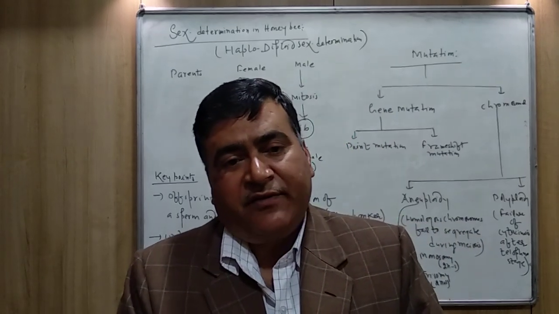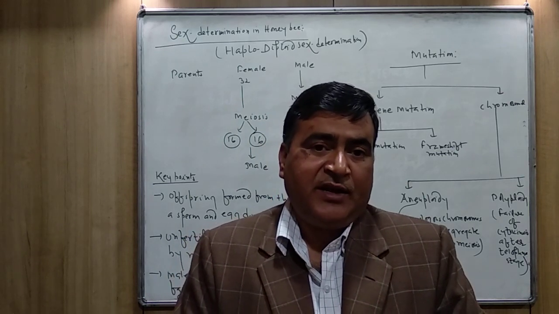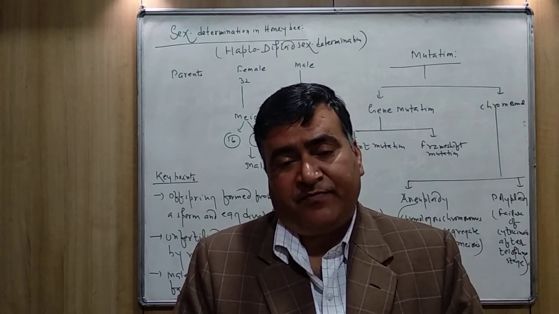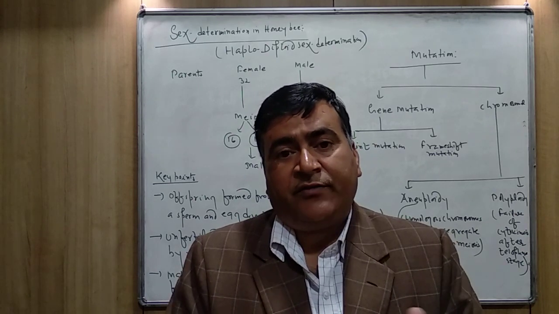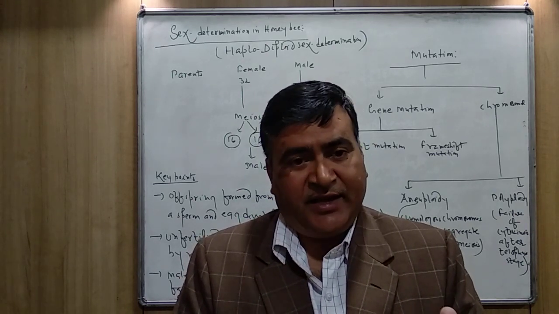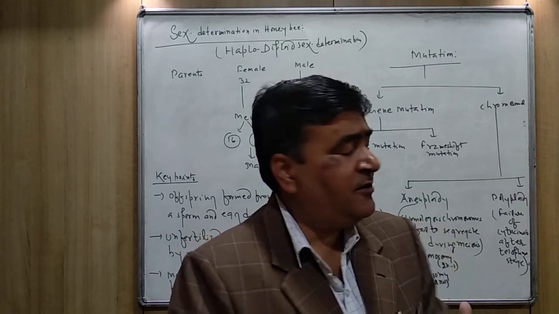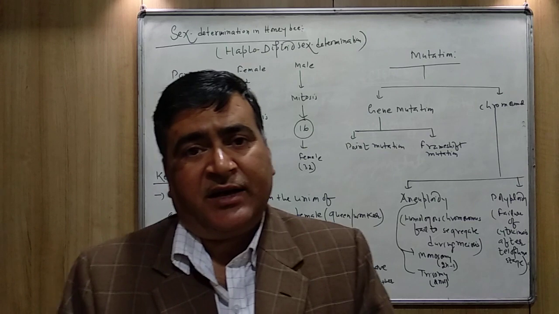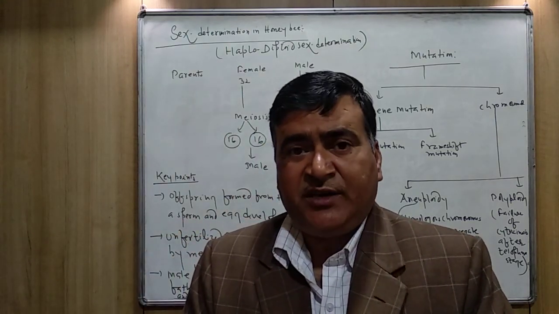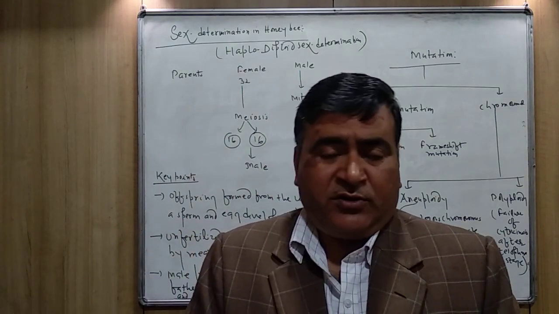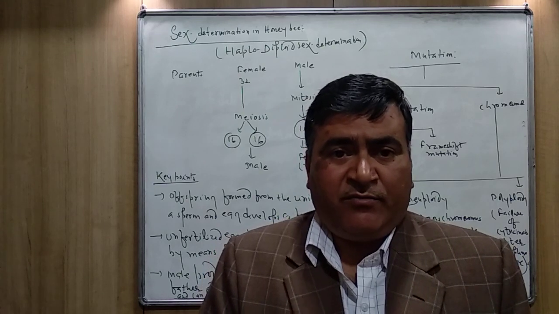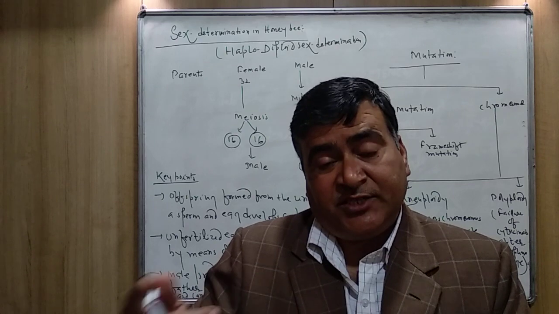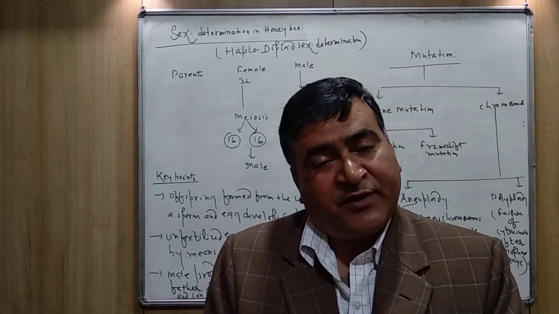When the egg and sperm are fused together, the egg has how many chromosomes? 16, while the sperm also has how many chromosomes? 16. So when the egg and sperm fuse together, the fertilized egg always develops into the female.